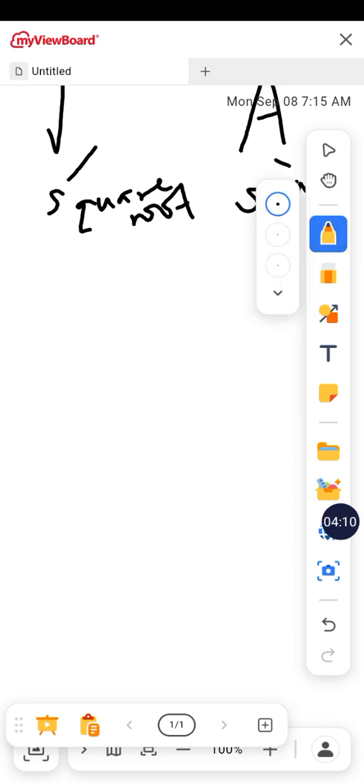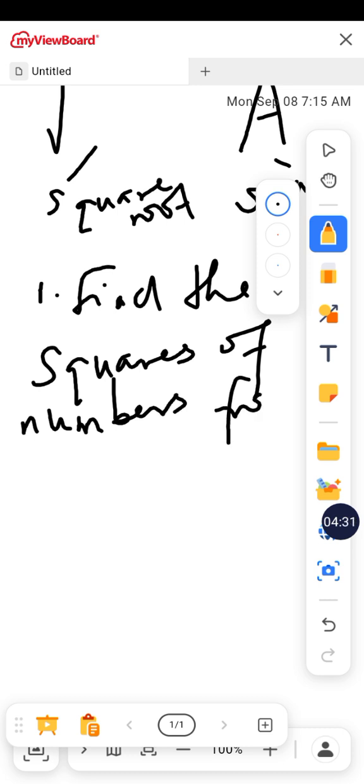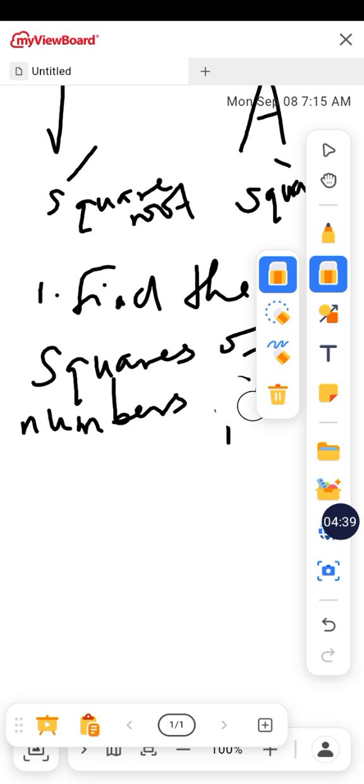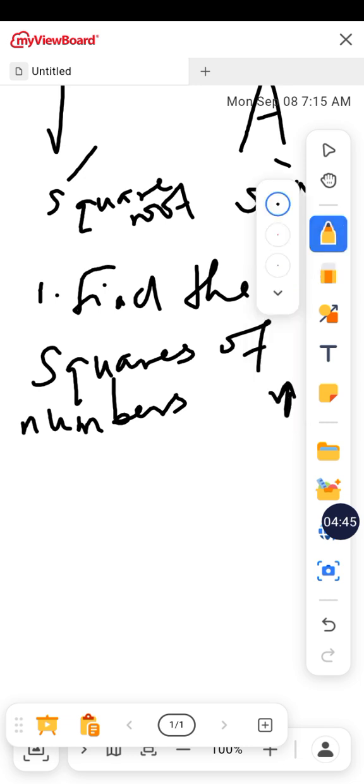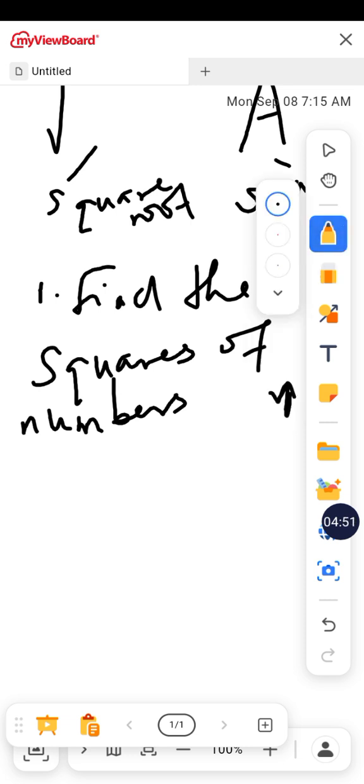So I will give you this: find the squares of these numbers.